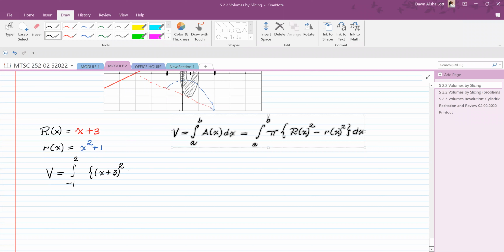Minus x squared plus 1 squared, times pi. Forgot the pi in front. Thank you very much. Okay. All right, so this integral comes out to be 117 pi over 5.